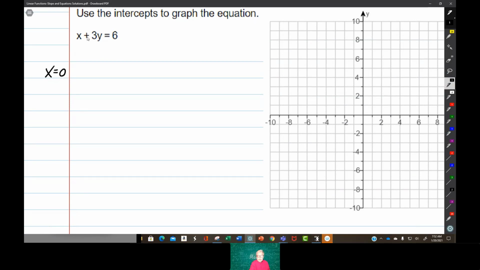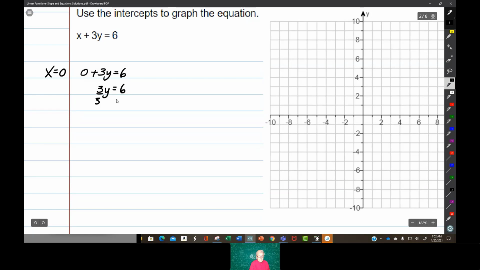Here's your equation, x plus 3y equals 6. So we're going to have 0 plus 3y equals 6, which gives us 3y equals 6.